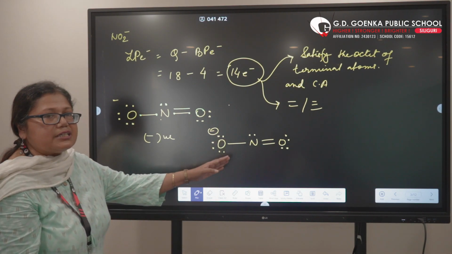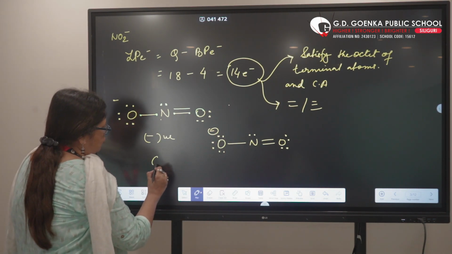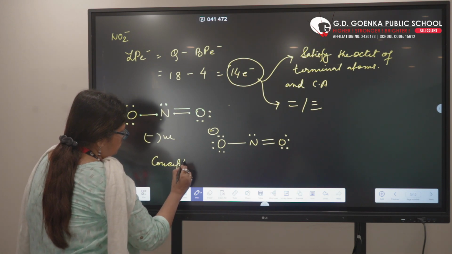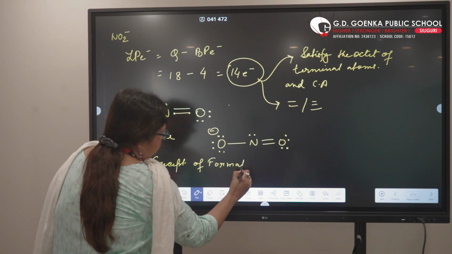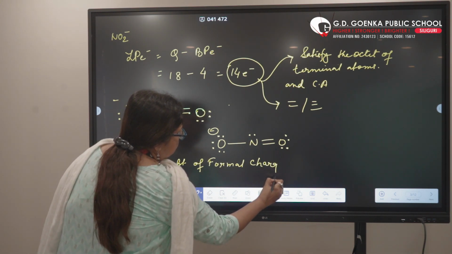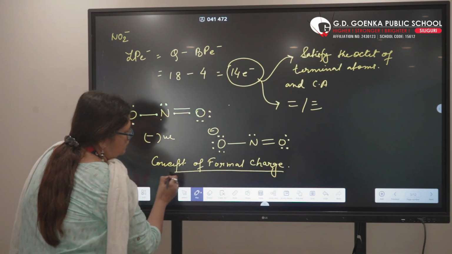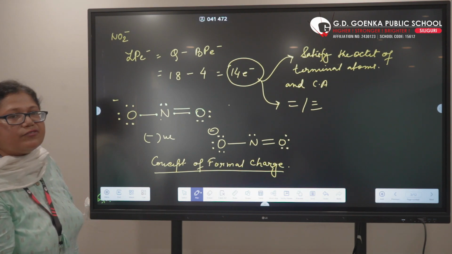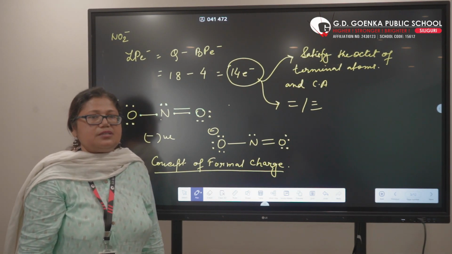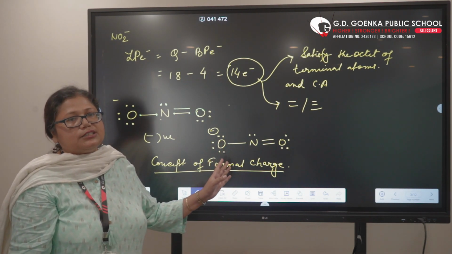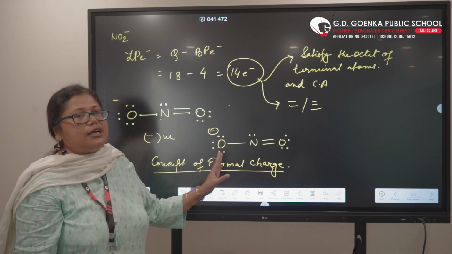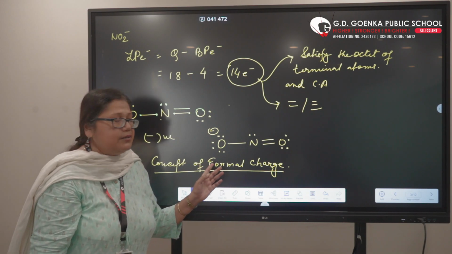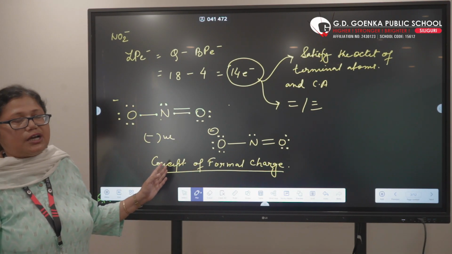This can be further explained by the concept of formal charge. When we have cationic or anionic species, where to put the charge, which individual atom will carry which charge, that can be calculated with the concept of formal charge. Okay.